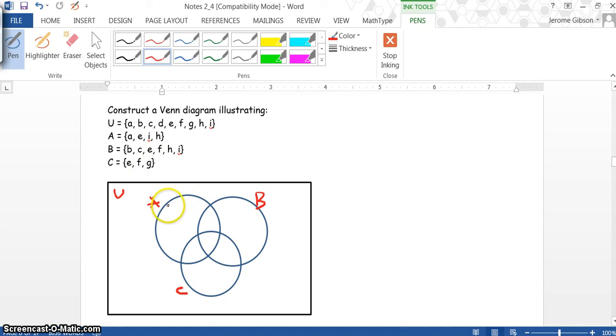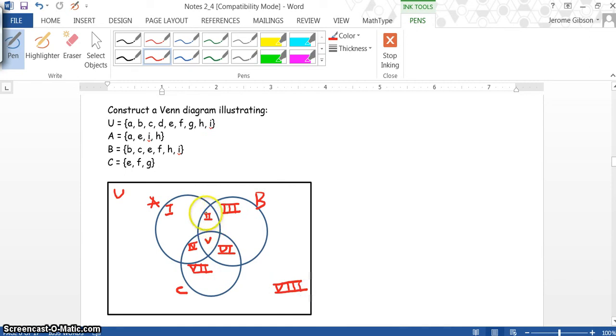This will be region 1, region 2, region 3, region 4, region 5, region 6, region 7, and finally region 8.